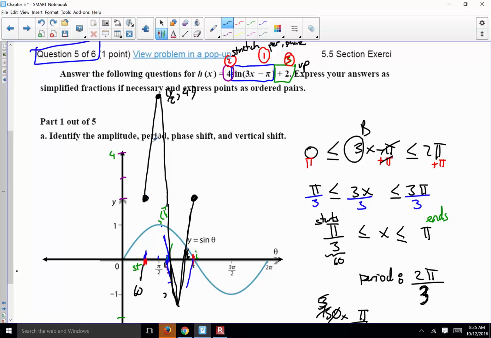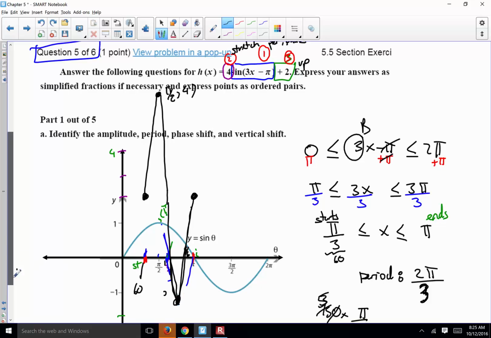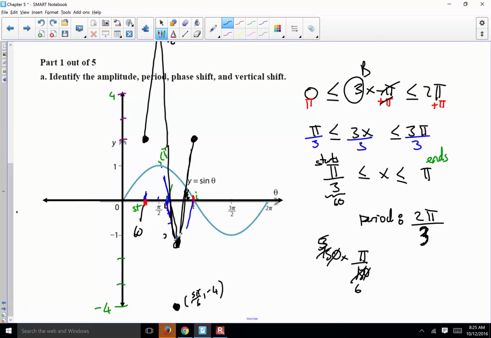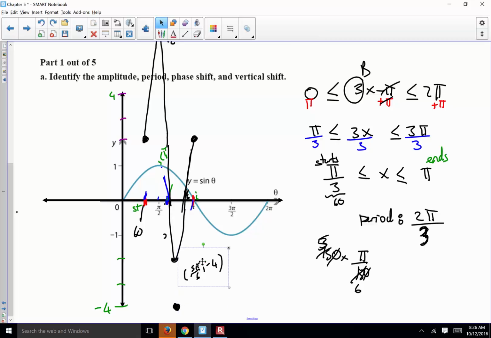This is start significant, this is maximum significant. Now there is a significant value here. It was at 4, now it's sitting at 2. This is the significant value. Alright, I think we're done.